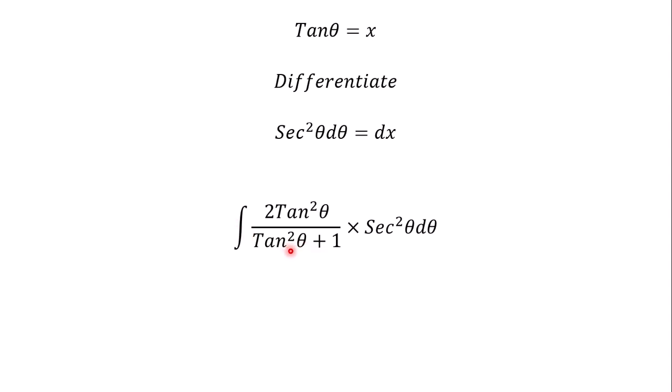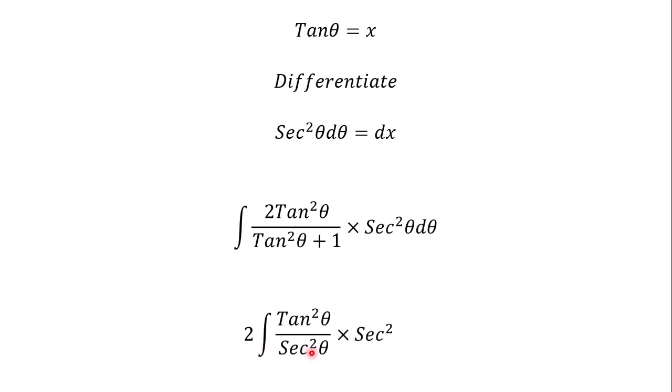Now, what is tan theta squared plus 1? From trig identities, tan theta squared plus 1 is equal to secant theta what squared? So we are going to replace this one with secant theta squared. Okay. The 2 has eventually come out, so we don't have any problem at all.